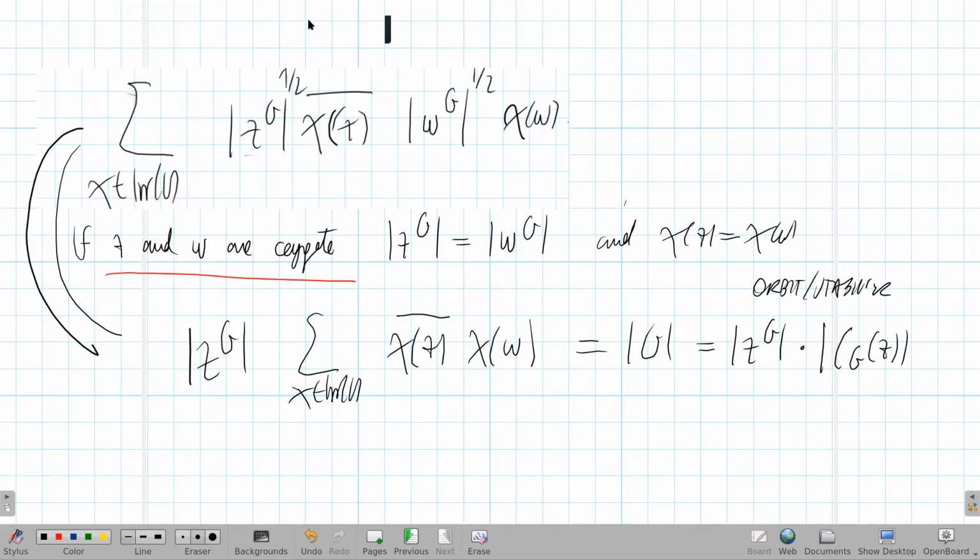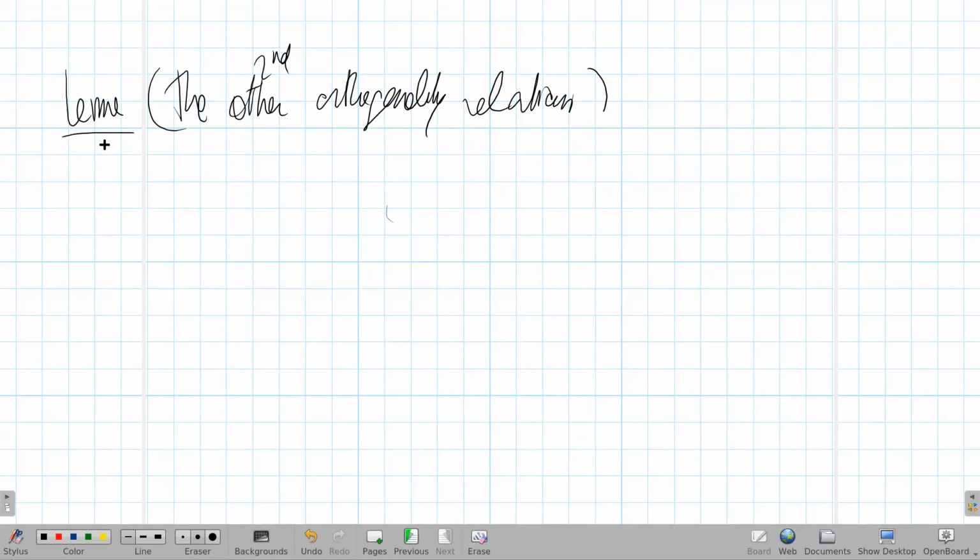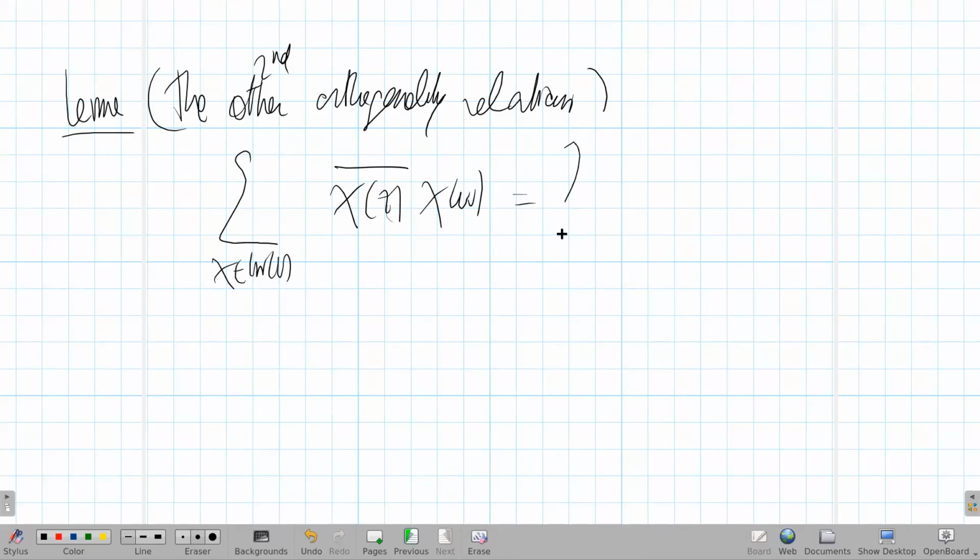orthogonality relations. So the second orthogonality relations tell you the following, that if you take the sum over the irreducible characters of chi of z conjugate chi of w, this will give the size of the centralizer if z and w are conjugate, or zero otherwise.